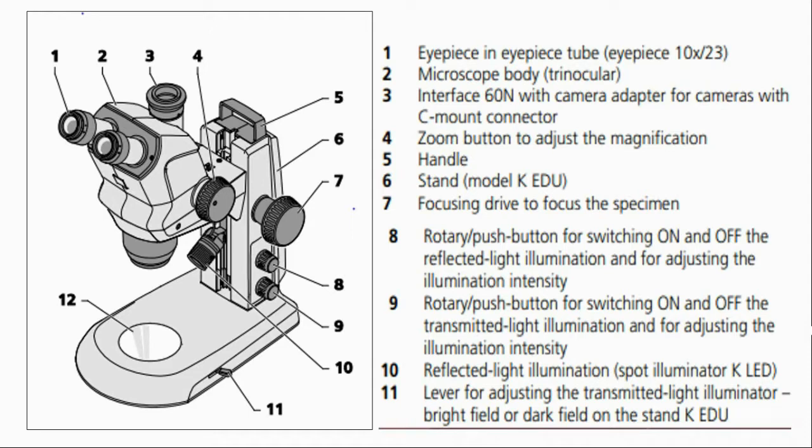Here LED lights are used so that heat will not be generated. 11th is the lever for adjusting the transmitted light illuminator. We can adjust bright field, dark field on the stand as per our requirement.